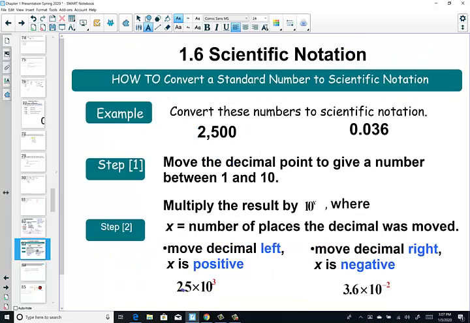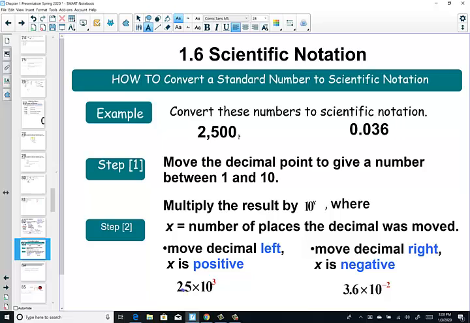How to convert standard notation to scientific notation. And here's our first example. It says, let's convert these numbers to scientific notation. The first one is 2,500. Remember step 1: we need to move the decimal point to give a number between 1 and 10.